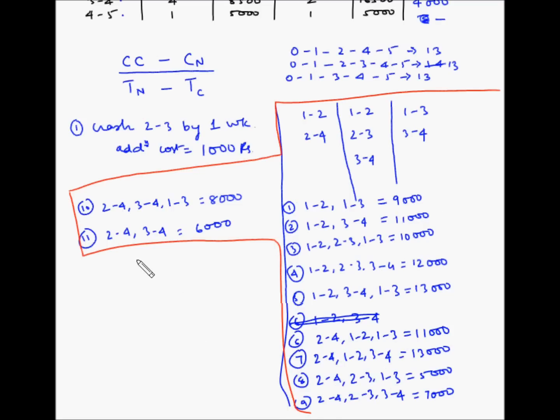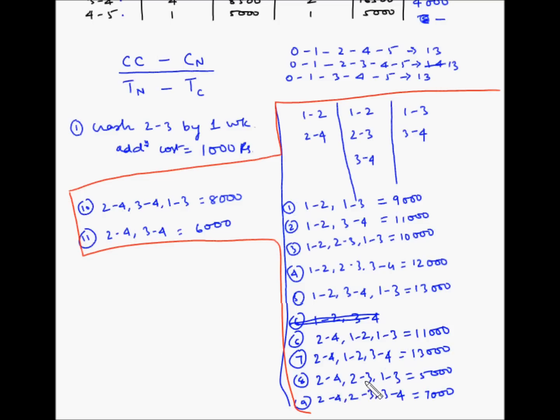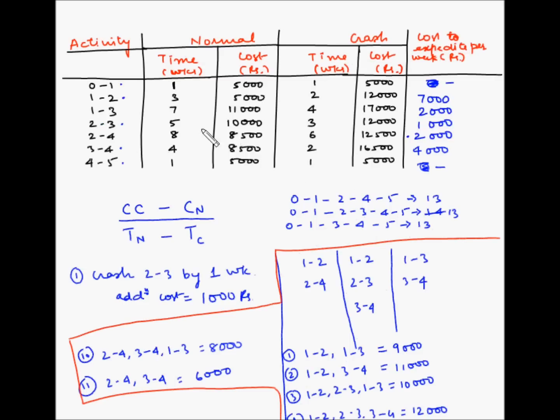So now let's identify the combination of activities which has the lowest cost. So the lowest cost is this number 5, which is 2-4, 2-3 and 1-3.